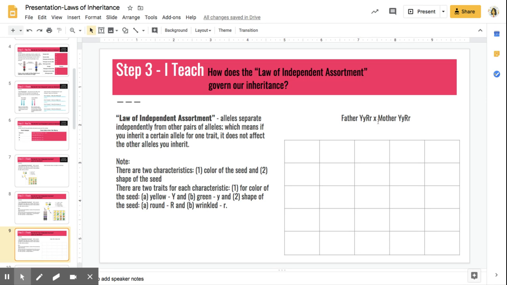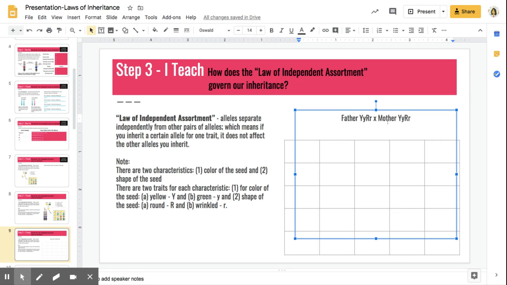Now we're going to use this example because it produces the most possible number of offspring. Let's say that your father is heterozygous for color. Heterozygous means it's yellow, because yellow is dominant. And heterozygous for the shape of the seed, which means it's round.